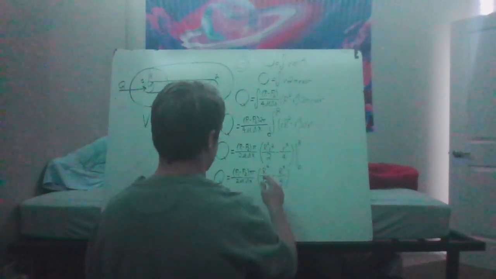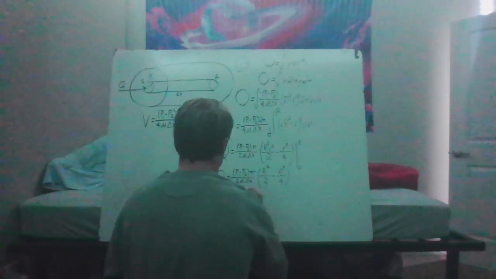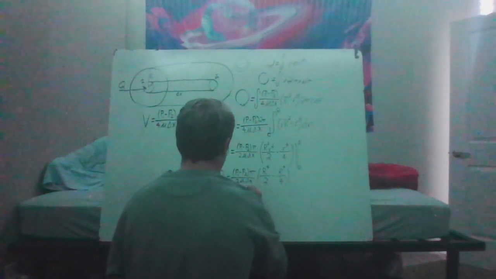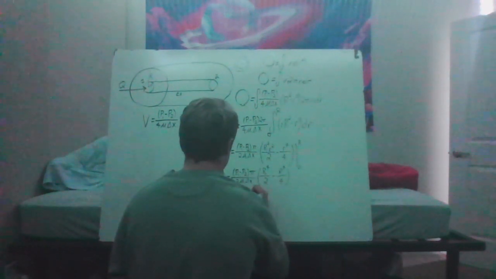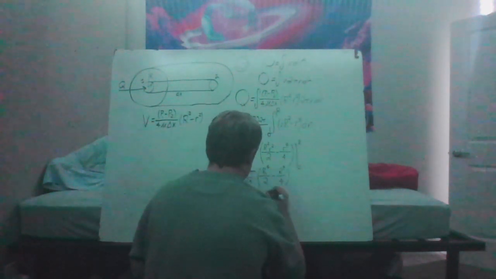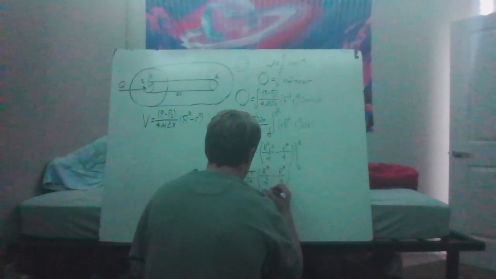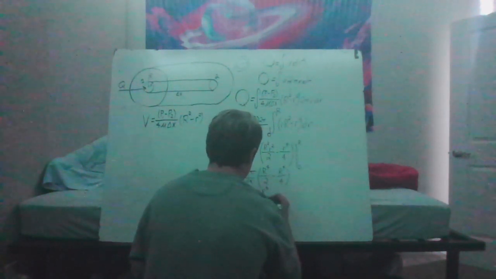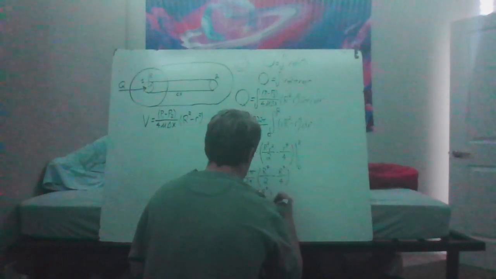And then we just find a common denominator here. We will end up with that Q is equal to P1 minus P2 pi over 2 mu delta x, and then times r to the fourth over 4.